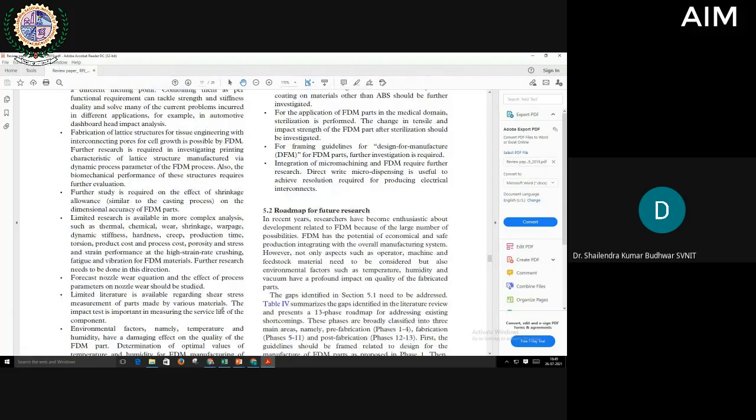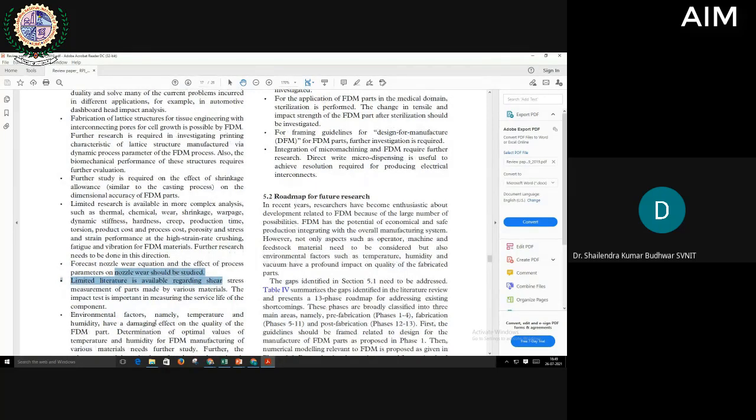Then a forecast nozzle wear equation and the effect of process parameters on nozzle wear should also be studied, because there is a problem of nozzle clogging and nozzle wear in the extruder. So how to determine this nozzle wear? How to determine the life of this nozzle? That can also be done.